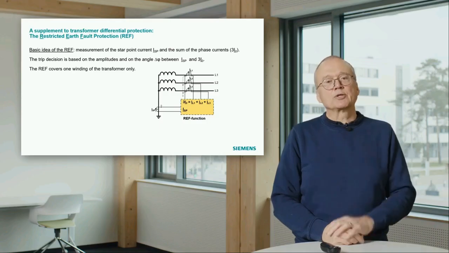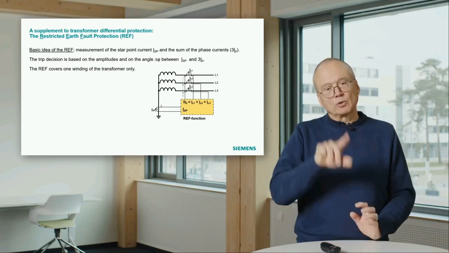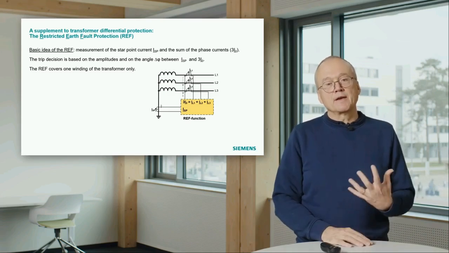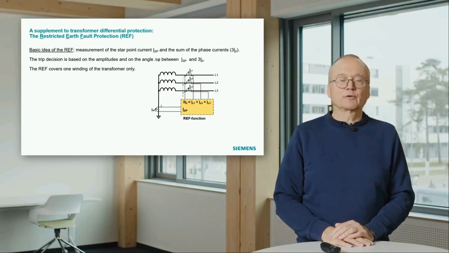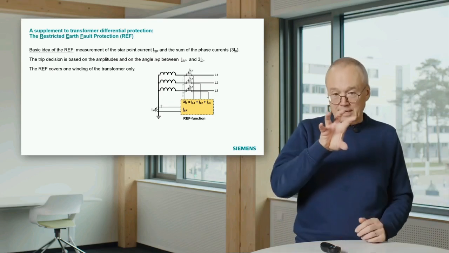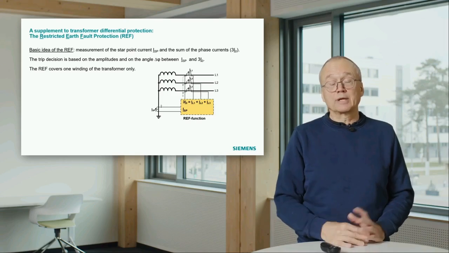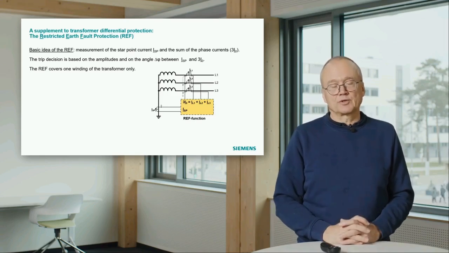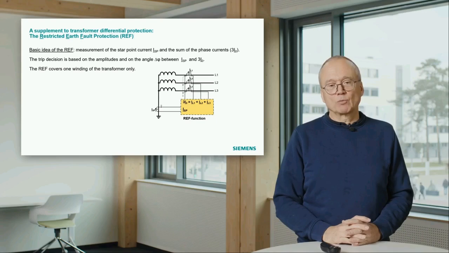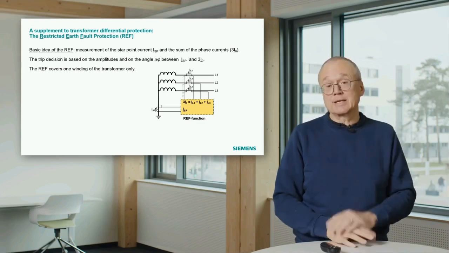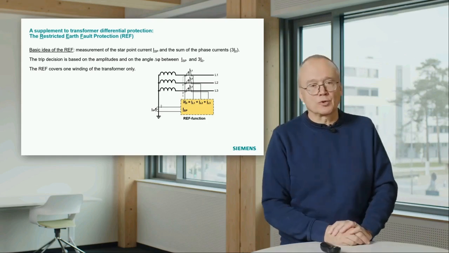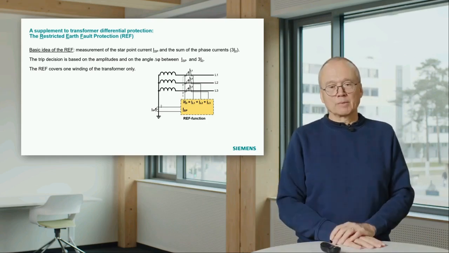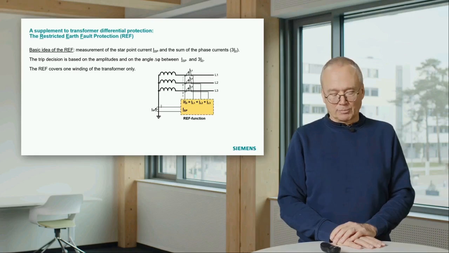And that is able to detect ground faults in the winding a bit more sensitively than the normal differential protection will do that. It covers one winding only, the winding with the star point, but it can be more sensitive. You need, again, here a current transformer to do that, and of course you need also the algorithm, which is normally available in our protection relay.